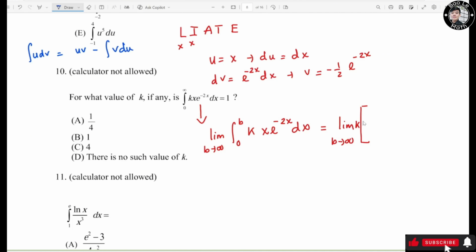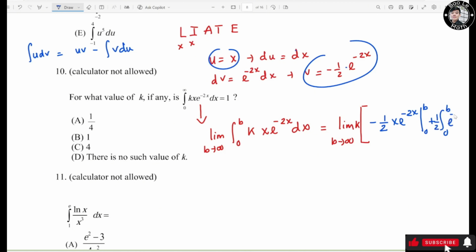So u times v is this times this, so it's negative 1 over 2 s e to the negative 2s evaluated from 0 to b, minus the integral from 0 to b of v du. So it's this times this: we have negative 1/2 here, and it becomes positive 1/2 e to the negative 2s ds.